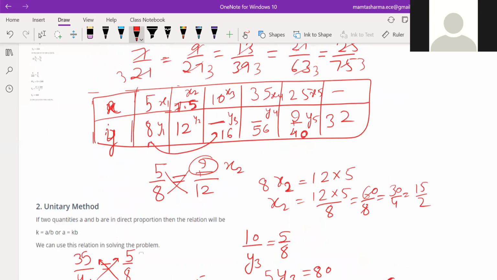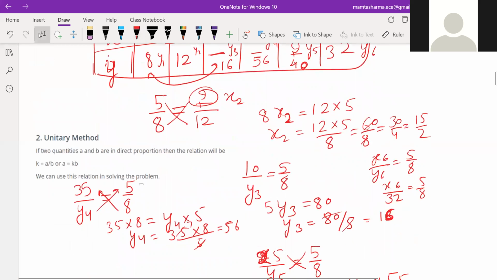Similarly, you can find out, here, you have to find out X6. This would be X6, Y6. Equate this ratio X6 by Y6 to 5 by 8. X6 you have to find out. Y6 is given, it is 32, equal to 5 by 8.